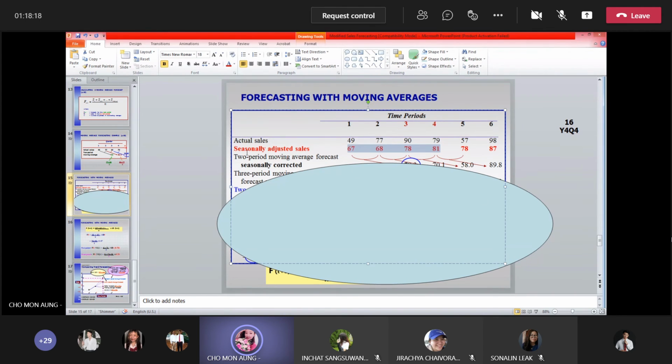Can you follow? So you also can get this number by following step number 4 until year 4, quarter 4. Is that clear? Yes.